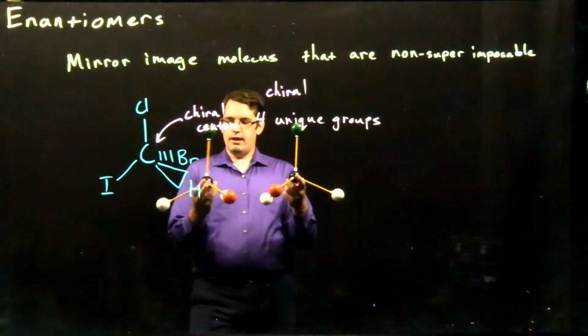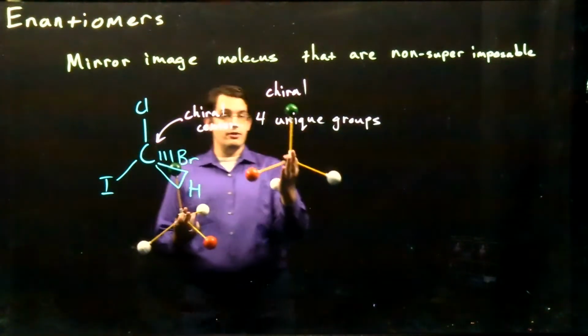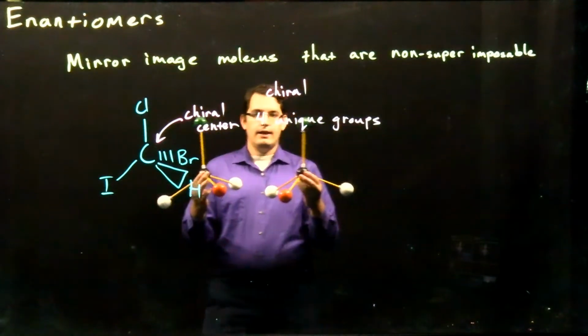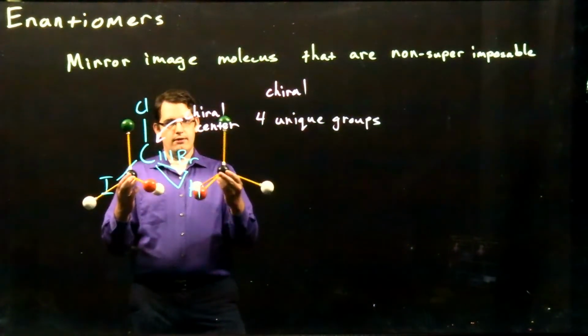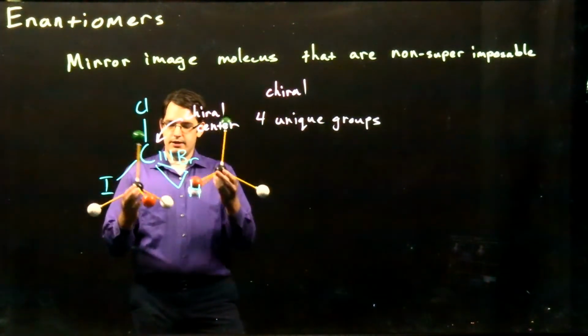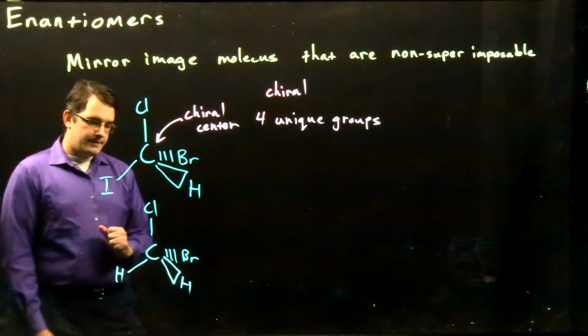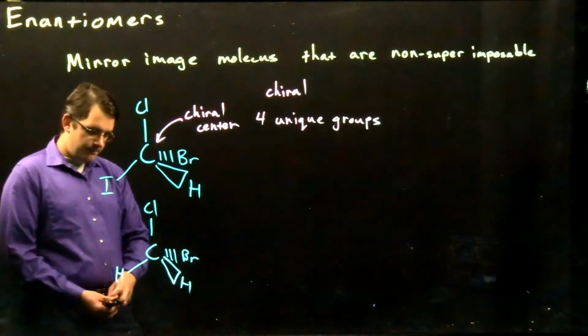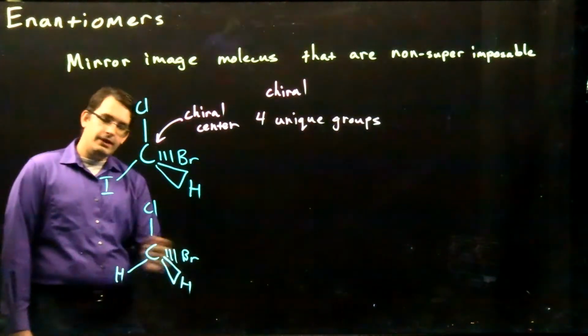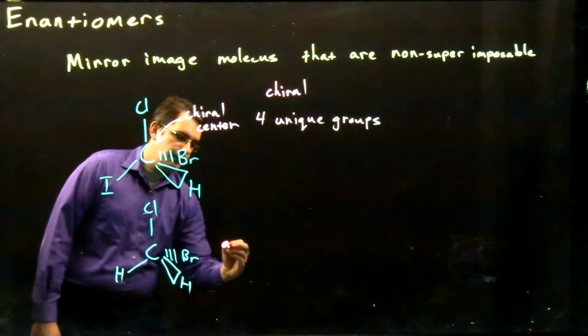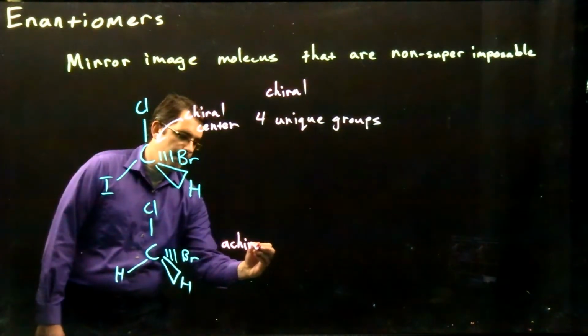So if I don't have four unique groups attached, I can't have enantiomers, and I just have those mirror images as the identical molecule. So again, I have my molecule represented here using wedge dash notation. With only 3 unique groups attached, this becomes achiral.